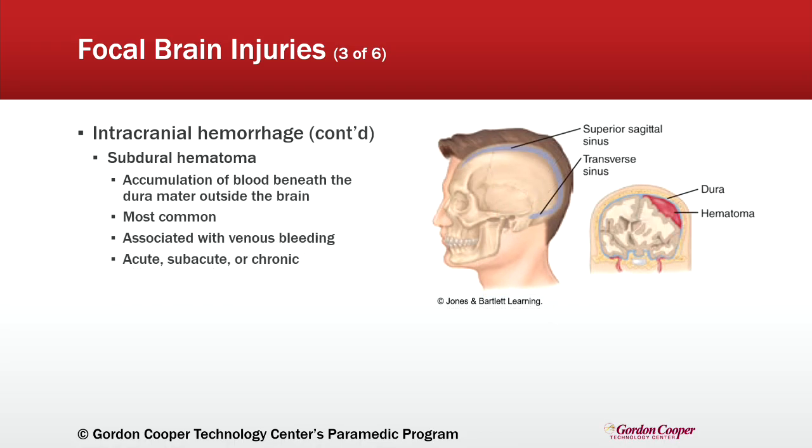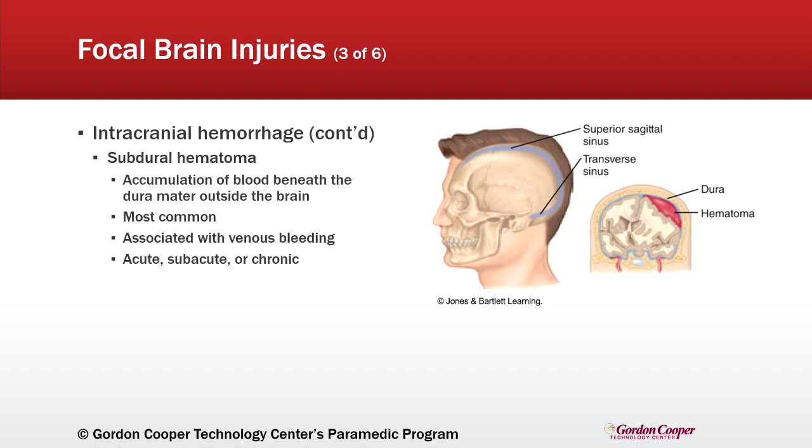A subdural hematoma, on the other hand, is a collection of blood located between the dura mater and the outside of the brain. This is the most common type of intracranial hemorrhage, and it's associated with bleeding from veins in that area. Increased intracranial pressure develops more gradually with this type of hemorrhage, and patients often have a fluctuating level of consciousness.